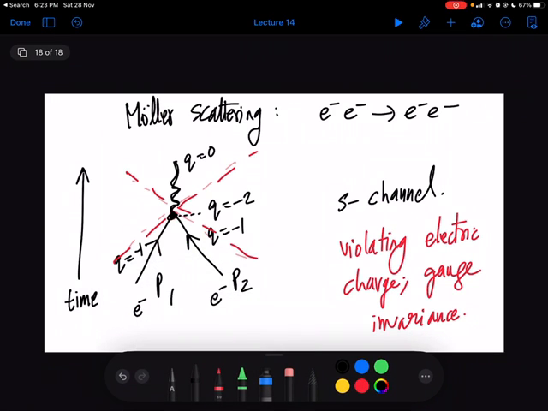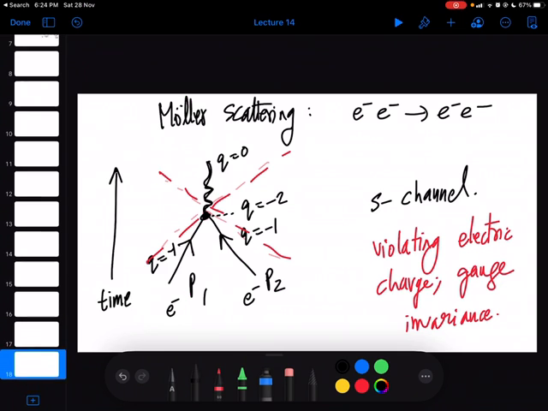So the S channel is not possible. Even if you say, I don't really care about the Lagrangian and everything, I don't care what the Feynman rules are, and you want to keep drawing like this, you'll end up with a soup. So the S channel is not possible.